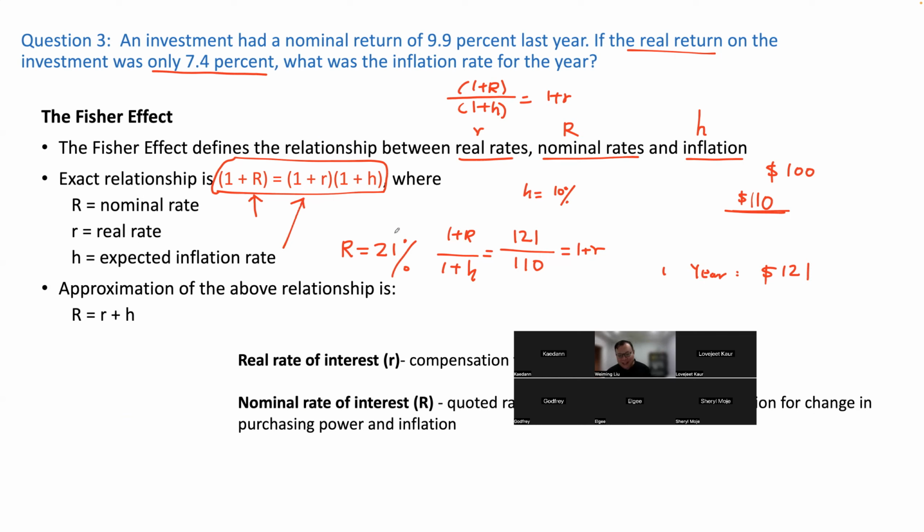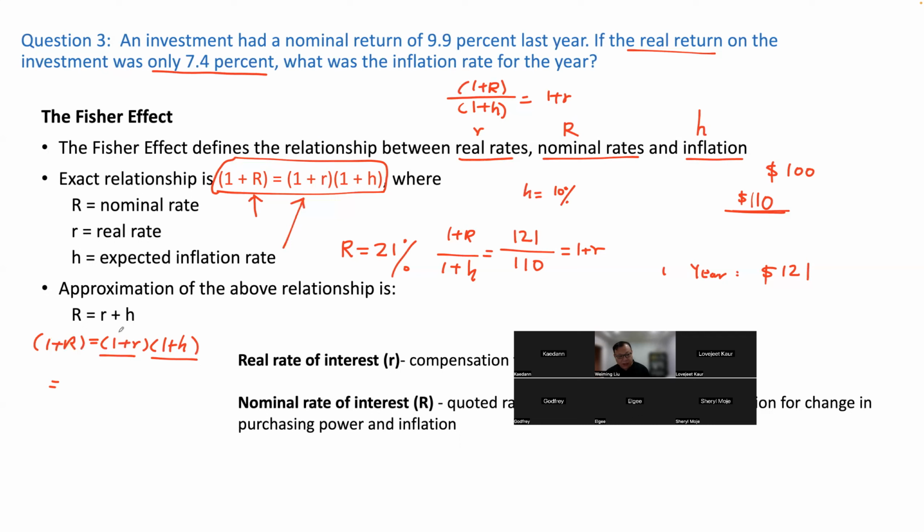So with this, then it's much easier to solve this, right? So let's take a look. 1 plus big R equals 1 plus lowercase r times 1 plus h. Hopefully you still remember some of the algebra you learned. There are 2 multiplications here with brackets, so now let's open this bracket.